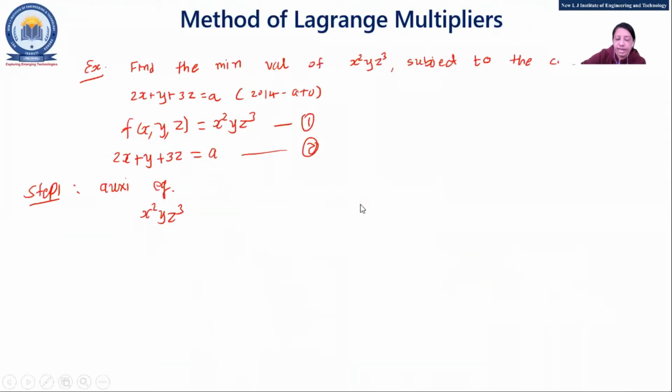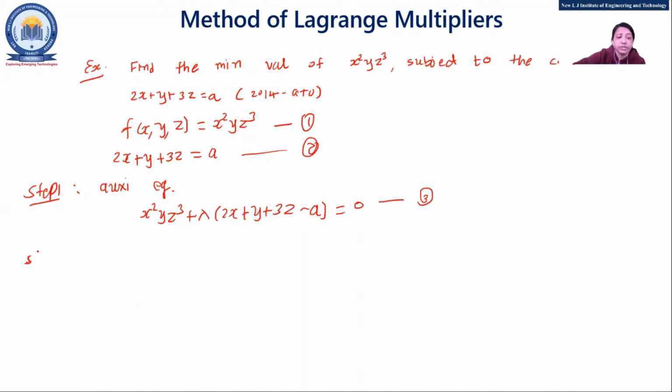And that a will come to the left side. So it is 2x plus y plus 3z minus a equal to 0. So this is your auxiliary equation. We'll give this equation number 3.